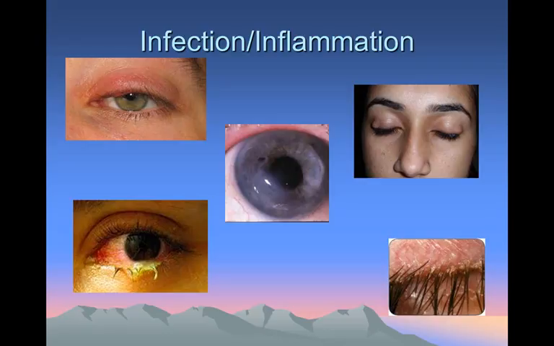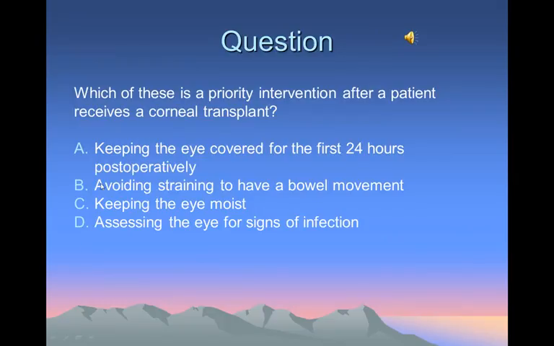If a person gets a corneal transplant, you want to also remind them to avoid the things that increase intraocular pressure, which are the same things we already talked about, found on page 1059 in the textbook. Okay, so if a patient has a corneal transplant, what's our priority intervention?